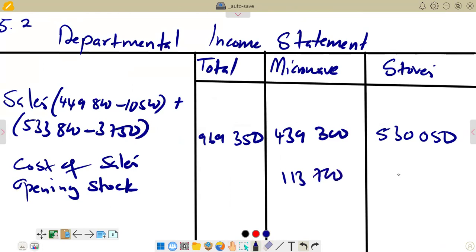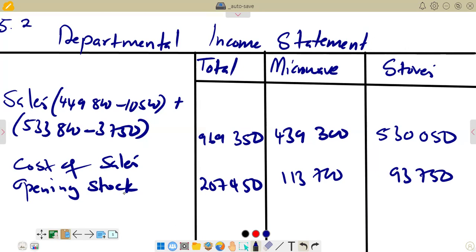And obviously for our stoves, now we have 93,750. Right, we add the two, 93,750 plus 113,700, and then the total that you're supposed to get here is 207,450.